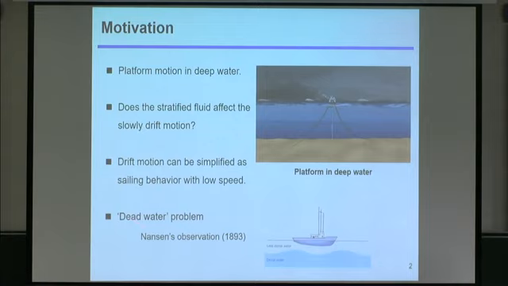But here I should thank Professor Gou. He gave me a very good comment. His comment is that the effect of the stratified fluid on the drift motion of an iceberg or ice floe is more meaningful.